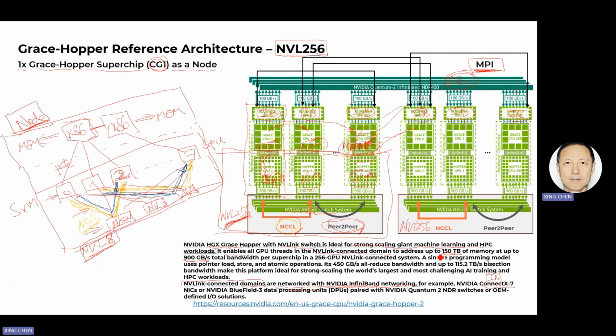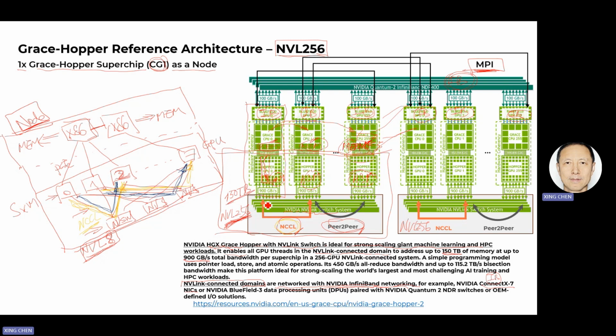And the sum of all this memory for this NVL 256: the threads on each GPU can access its own GPU memory, its own host memory, plus all the host memory and all the GPU memory belonging to other nodes. If you do a summary, the total quantity is going to be 150 terabytes for 256 Grace Hopper GPUs.